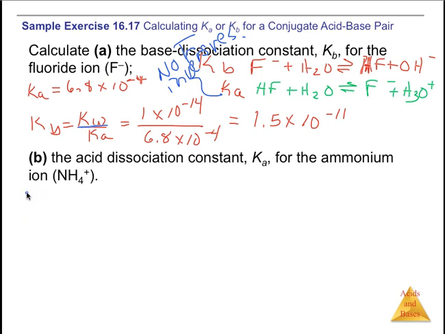So moving on, the acid dissociation constant for the ammonium ion, remember NH4 plus and water, is going to set up an equilibrium with ammonia and the hydronium ion. You can look up the Kb value for ammonia, which is 1.8 times 10 to the negative fifth.